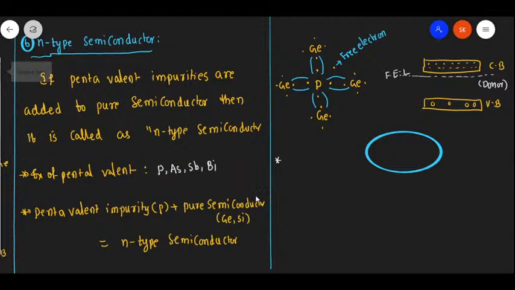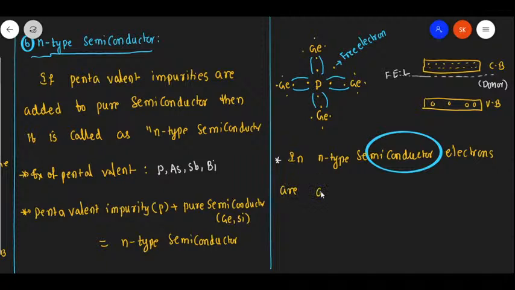What happens in an n-type semiconductor? In an n-type semiconductor, which are the majority charge carriers? Electrons.